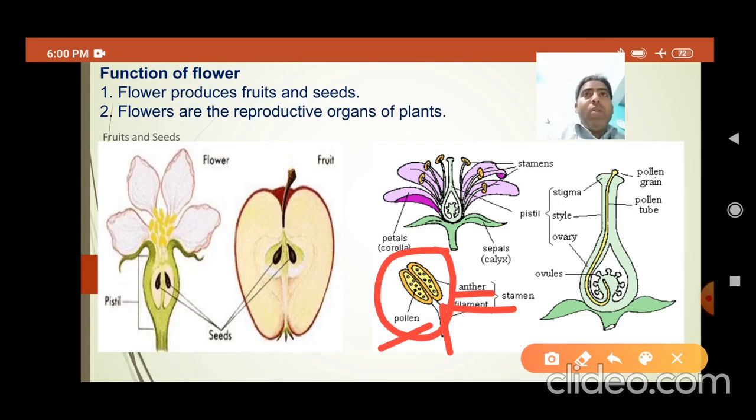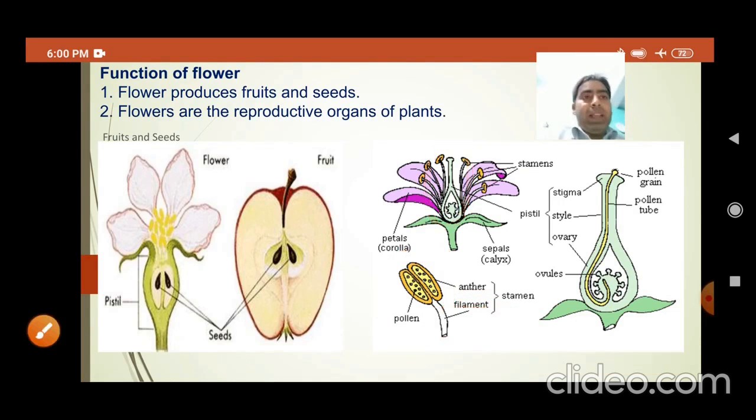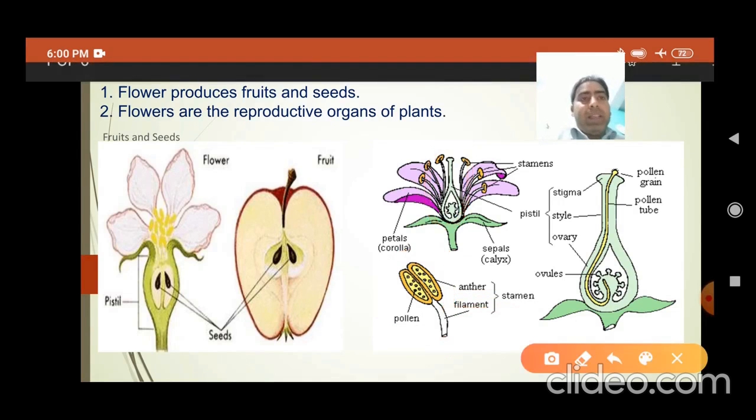Now come to the pistil. Here you can see in the middle it is the pistil. Pistil is the female reproductive organ of the plant. It is also called carpel.